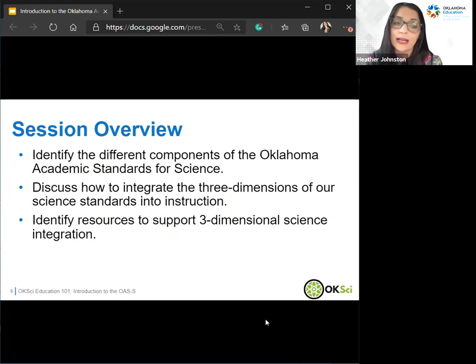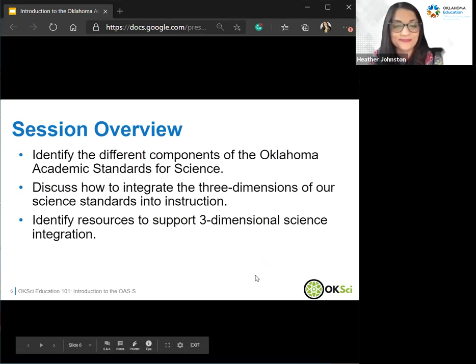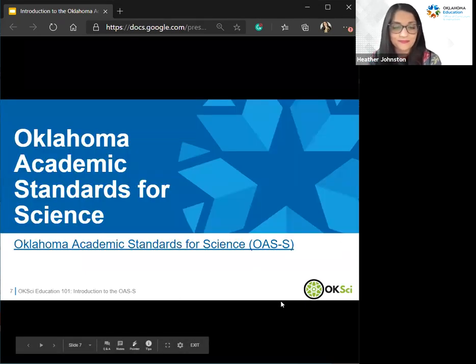But we will be identifying resources today that can support you with 3-dimensional science. With just 1 hour, I didn't want to try to cram too much into it, so we're just going to focus on the components first and then build from there.